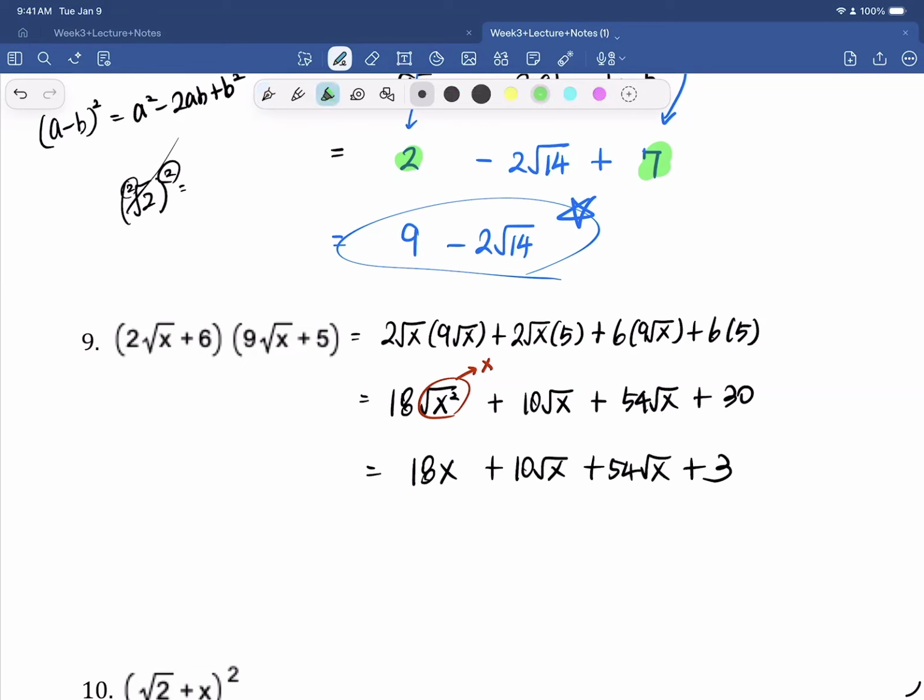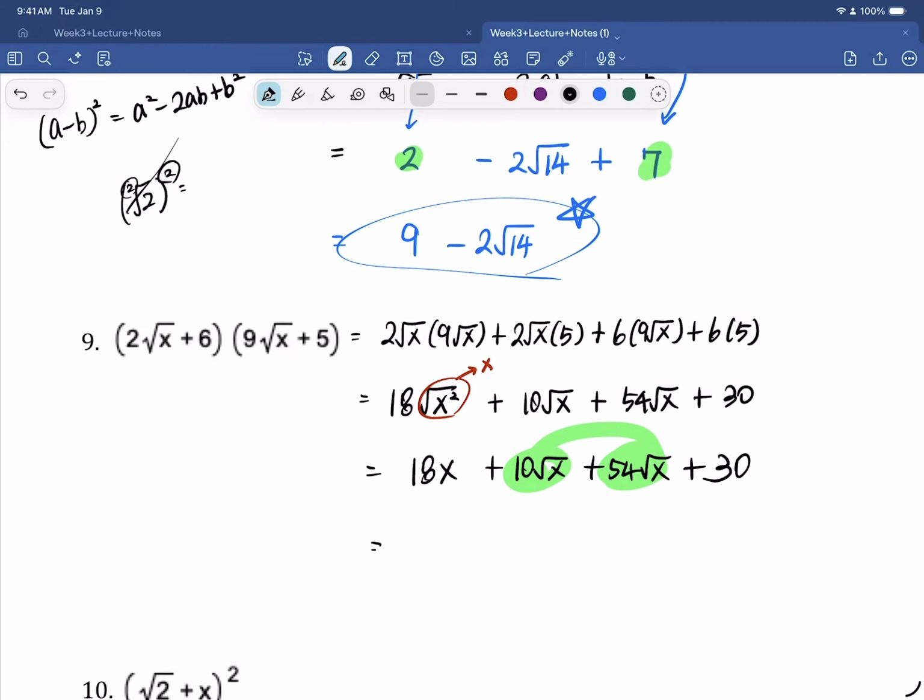But as you can see, these two are like terms. And then these two, oh, wait a minute. Nope. It's 30. Right? Only these two, right? 10 square root of x and then 54 square root of x. So we have to do 10 plus 54, which is what? 64?